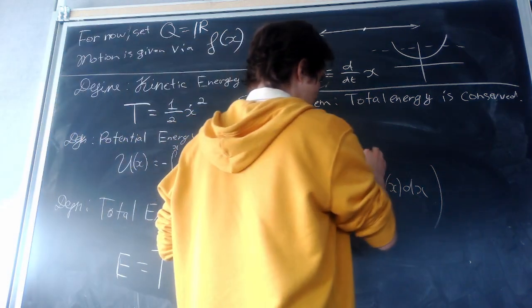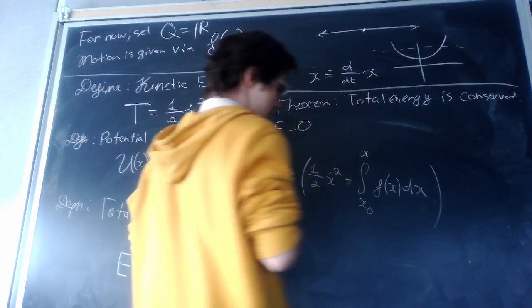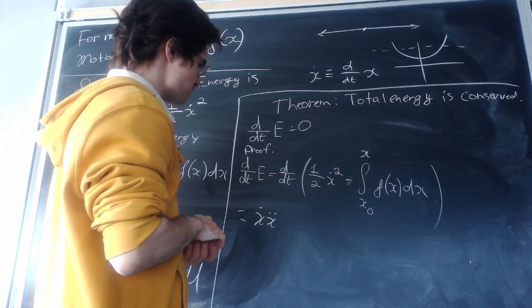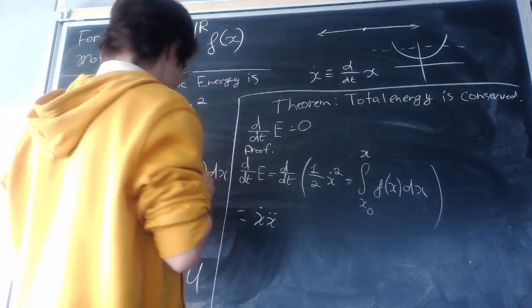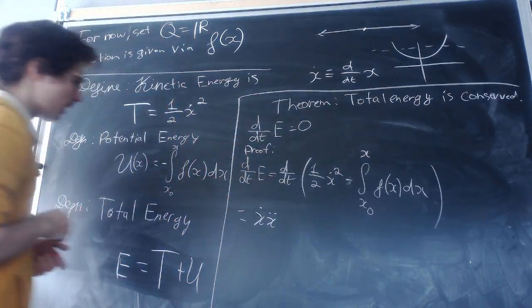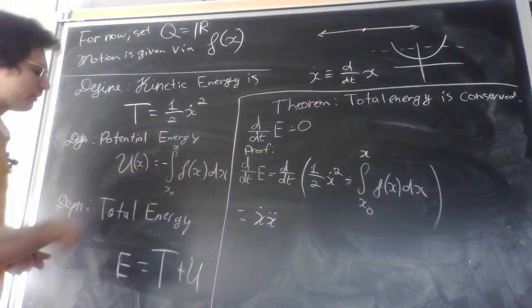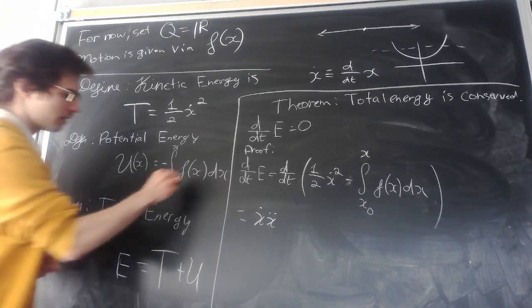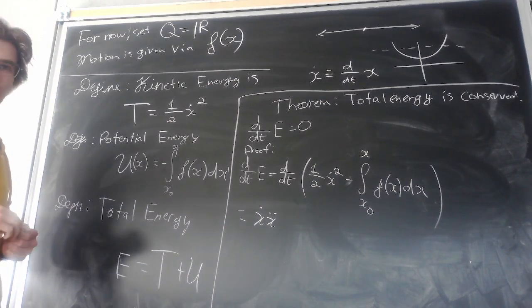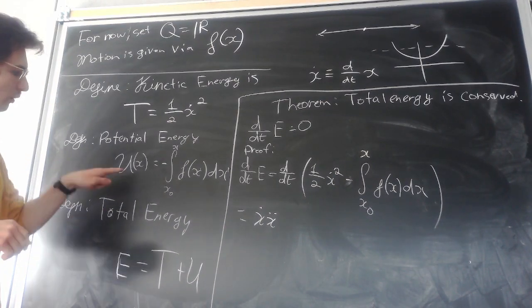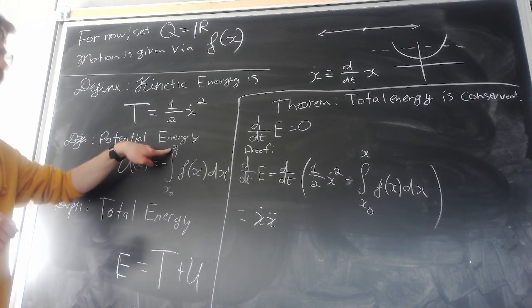Now, this derivative may be a little bit more tricky, because I also defined this very poorly. So this should be some kind of dummy variable for the integral. Do you agree? So u of x is a function of where you are.